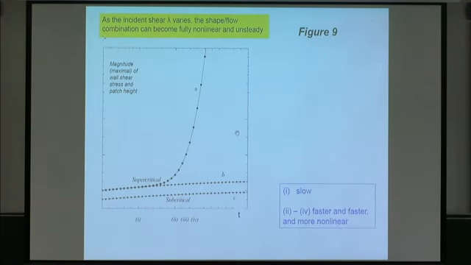So now the picture that's coming out is that if we plot representative quantities like the local wall shear stress or the patch height against time t, then there are two possibilities. If the incoming shear is subcritical, then nothing much happens. The original disturbance stays small and quasi-steady. But if the oncoming shear is increased, then the solution is supercritical, and that can then lead on from stage 1 to 2 to 3 and so on.